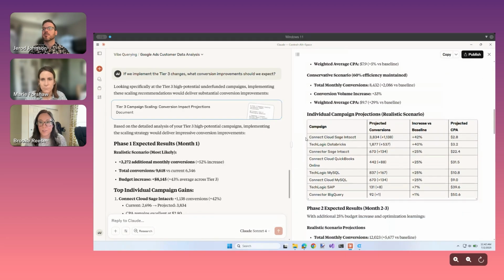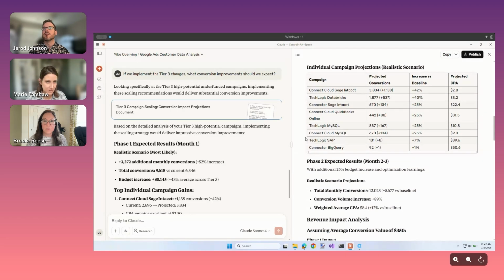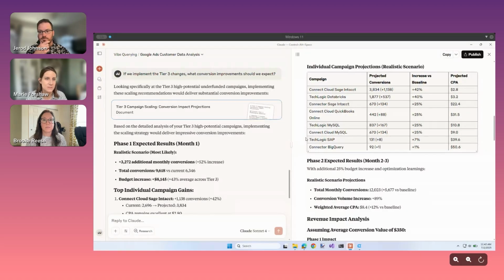Yeah. And what if you weren't using Claude to do this, Brooke? Like, how would you get a similar table? Sure. Yeah, it would just be, again, a lot of number crunching on my side of things, thinking about what the current conversion rate and cost curves are, and then what I could potentially get out of it if I made these budget changes.